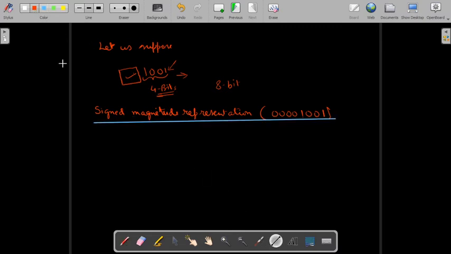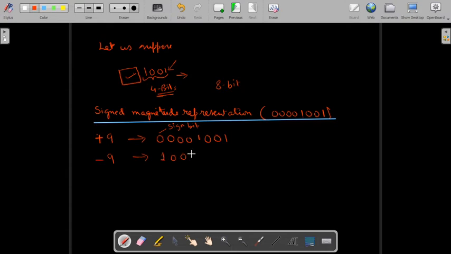So plus 9 can be represented like this: 00001001, whereas minus 9 is to be represented like this, because this bit is to be used as a sign bit, so we have to change this bit from 0 to 1.